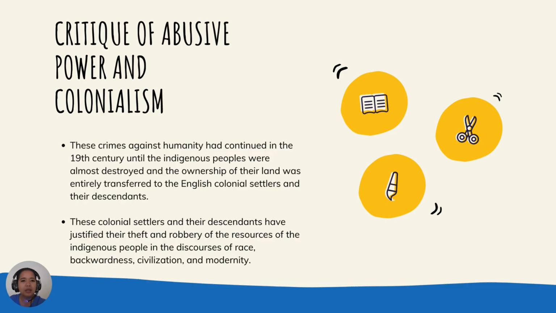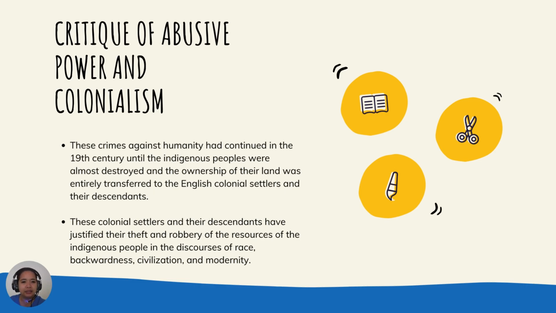So when we talk about critique of abusive power and colonialism, this is more of fighting for crimes against humanity, and looking into the abuse by people in power in terms of ownership of lands.